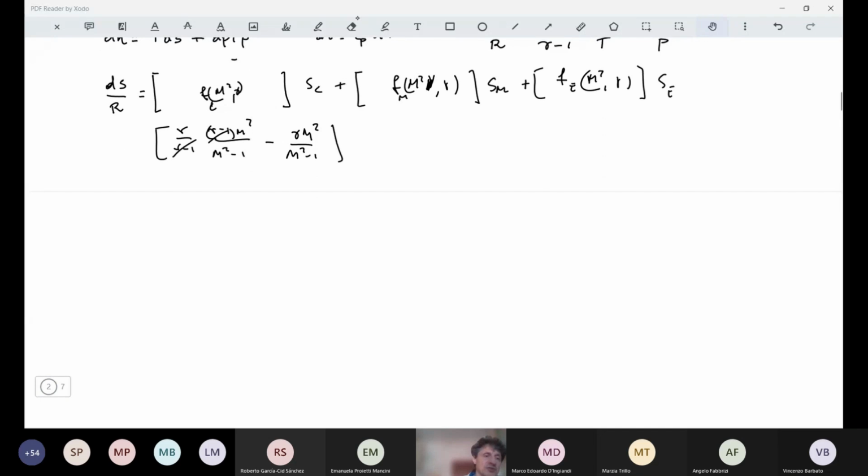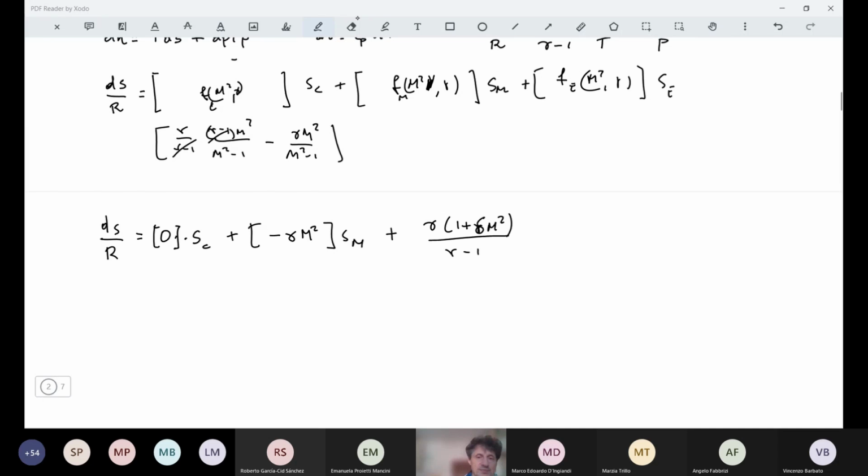So if you rearrange the equations, the relations related to the Mach number that is in square brackets here, what you find is that we have 0 times Sc, plus something which is minus gamma M squared times Sm. Let's put it in this way, and then we have plus gamma, 1 plus gamma plus delta M squared over gamma minus 1 times Se.